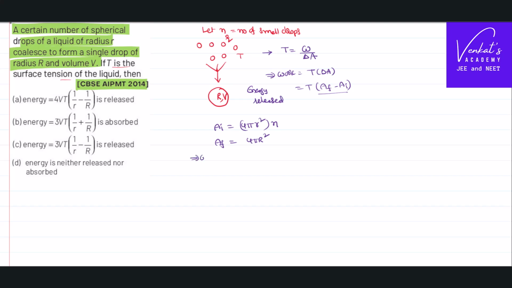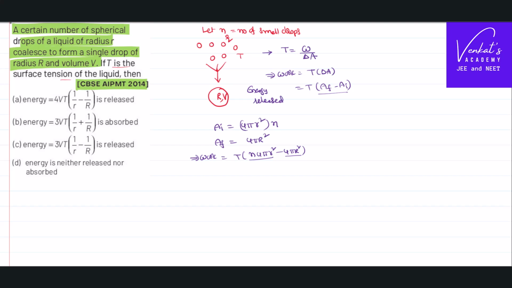That implies work done in this case is surface tension into n into 4 pi r square, minus 4 pi R square. Be careful that I have to write the bigger area first minus the smaller area. When n small drops are together, we have a larger area when compared with the one big drop. So we have to write it that way.